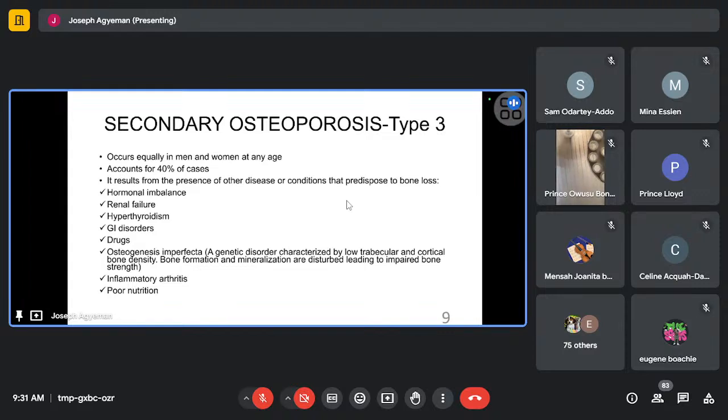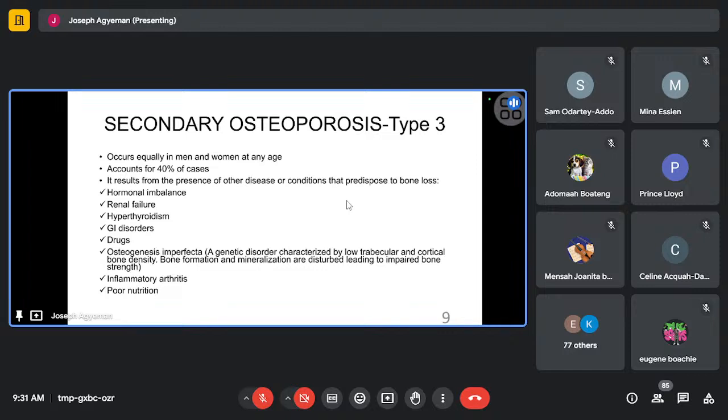So secondary osteoporosis should have an underlying cause, and this may include issues like renal failure. That is when you are still young. You are not talking about when you are old and your age alone gives you renal impairment. This time it's occurring at even a younger age. You get renal failure, it can happen.